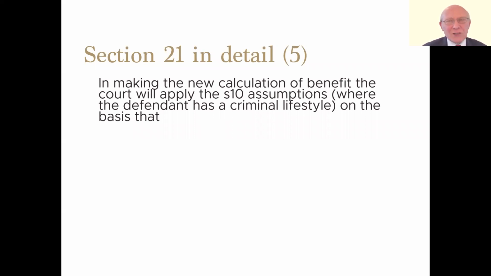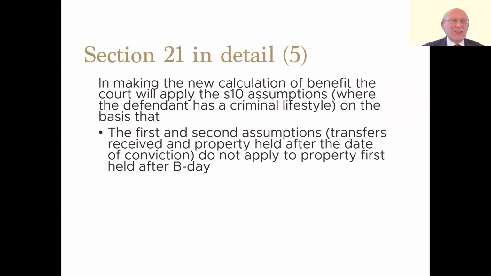But here in a section 21 situation, the first and second assumptions, which are transfers received, which is usually the big one, isn't it, transfers received by the defendant, and property held after the date of conviction, do not apply to property first held after benefit day. Okay? So instead of those assumptions applying right up to date, they stop at the date the court made its previous decision about the confiscation order.